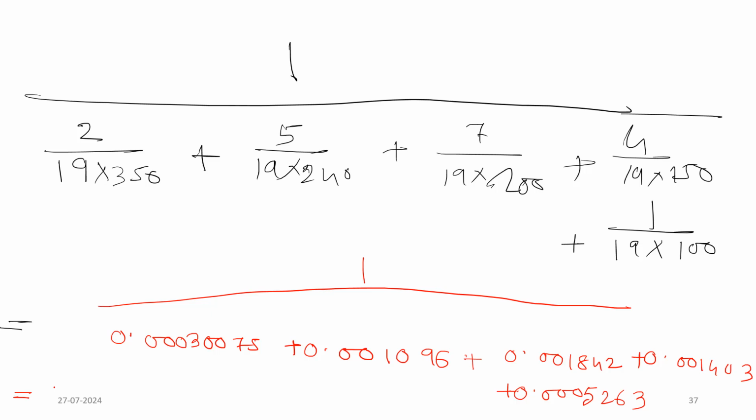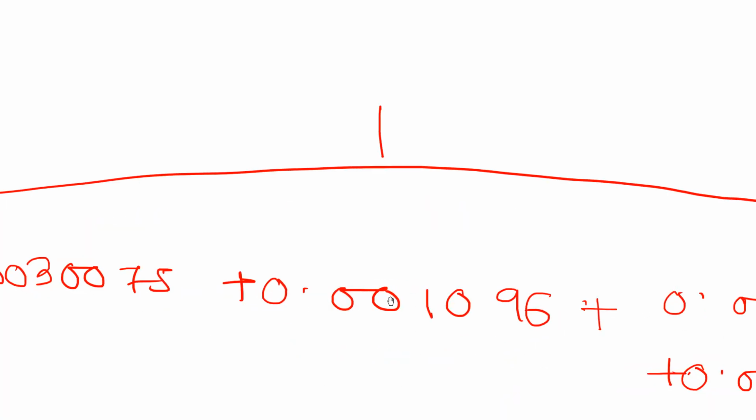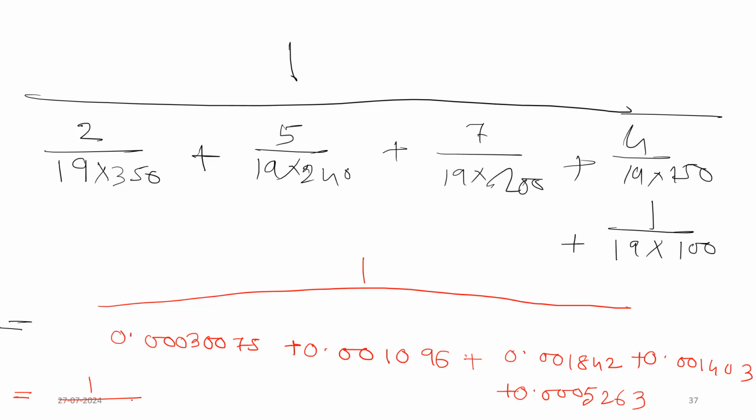So it will be coming 0.00030075 plus 0.0096 plus 0.001842 plus 0.001403 plus 0.000526 and it is coming 1 by 0.005168.